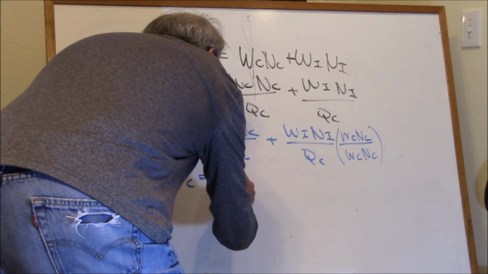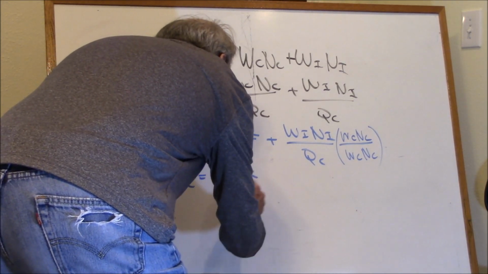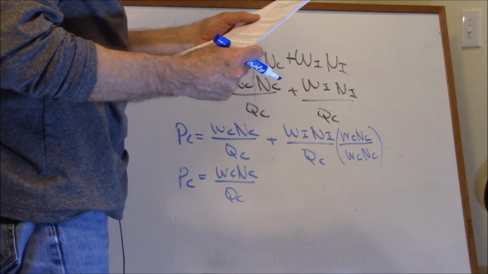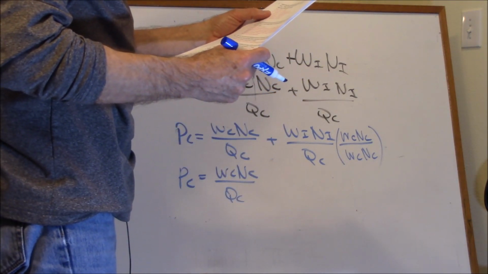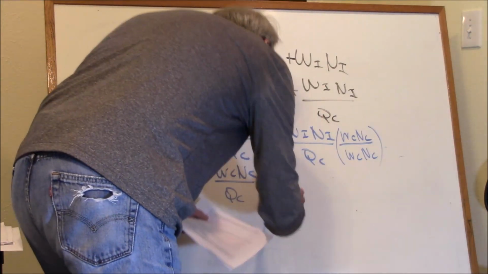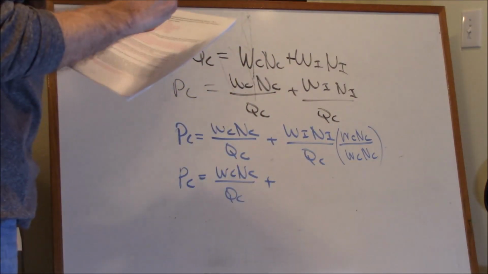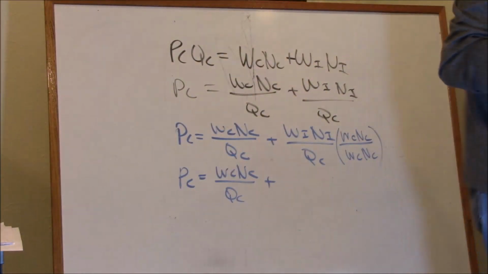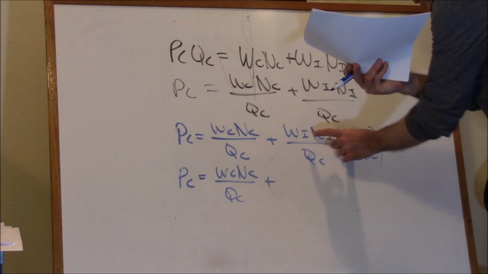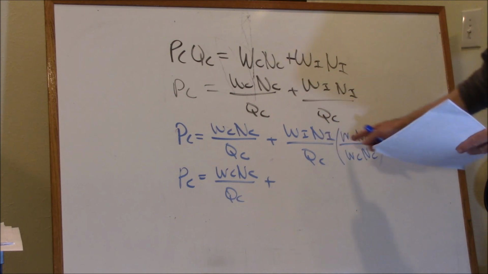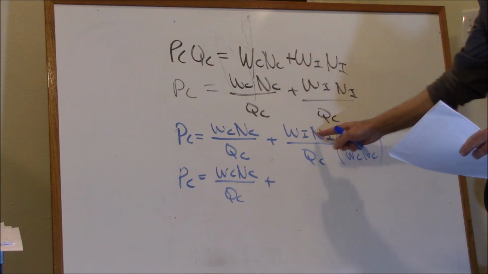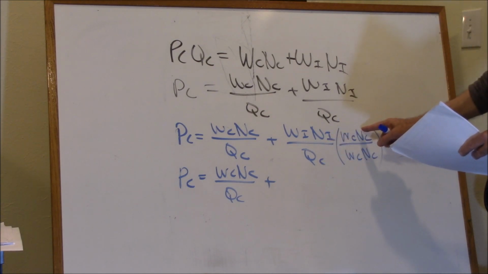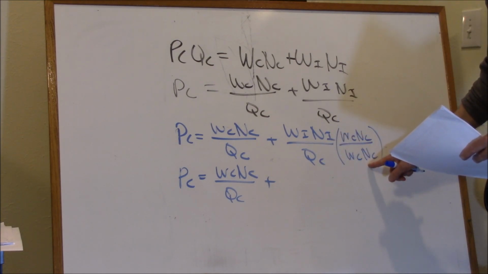PC is equal to WCNC over QC, plus, and now I'm going to switch places with these two numerators because it's perfectly legal, of course, mathematically, to make this WCNC over QC and WINI over WCNC.